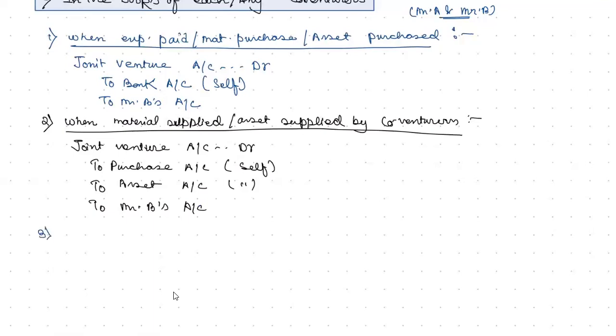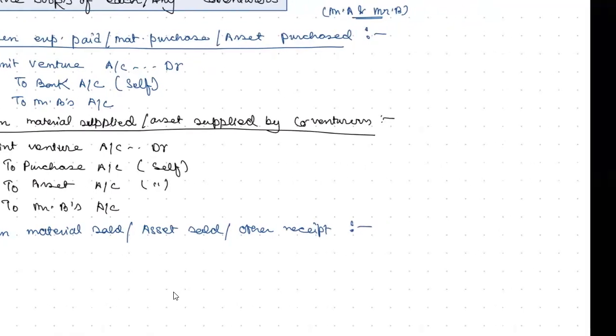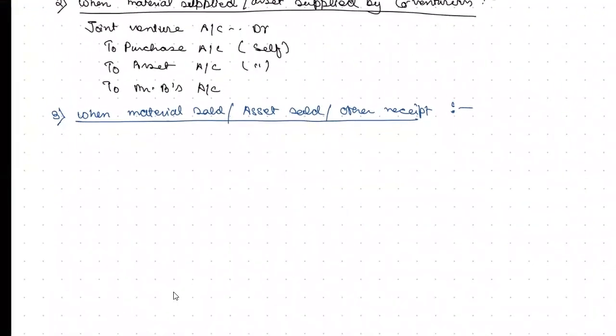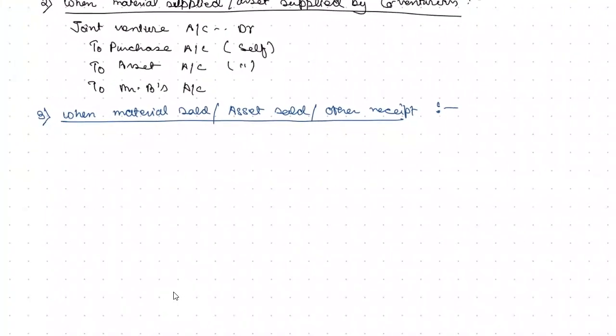Now the third one, when material sold or asset sold or any other receipt. Correct. Material sold, asset sold, other receipt. If those belong to Mr. A only, so what he will write?